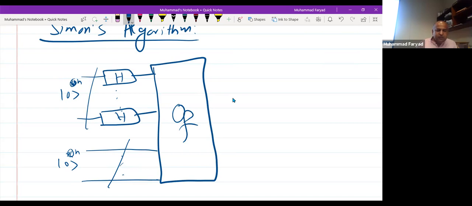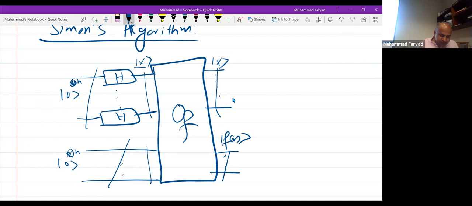This time this is not a phase oracle. It applies to all of this in such a way that this input comes here. So if X is available here, and since this is 0, f of X is coming here.